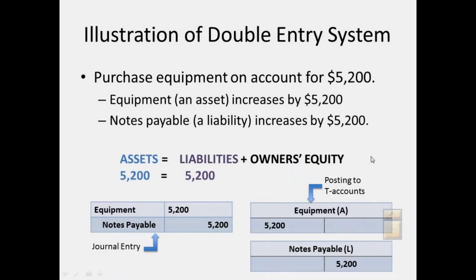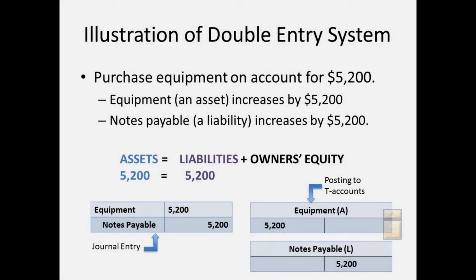Okay, next. Let's say the company buys equipment on account for $5,200. What's going on there? Okay, so I owe somebody $5,200 because they gave me a machine.